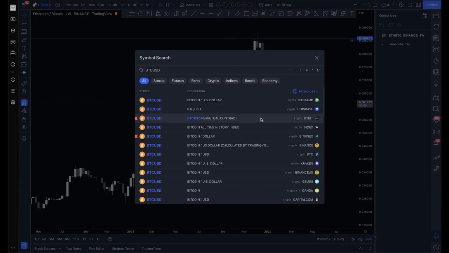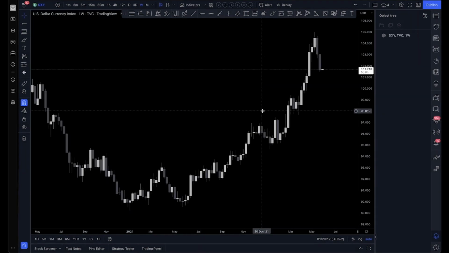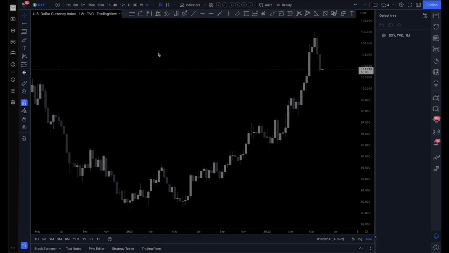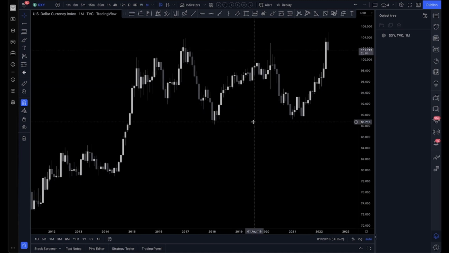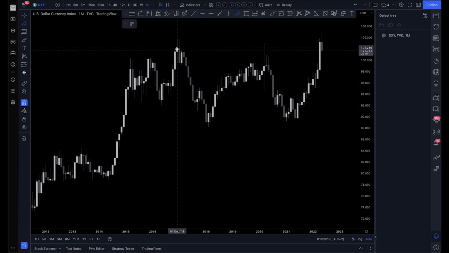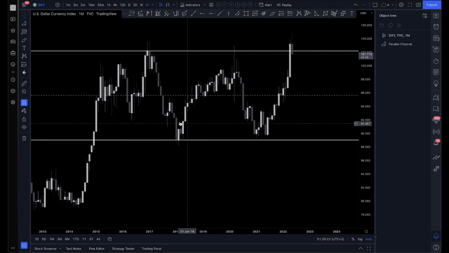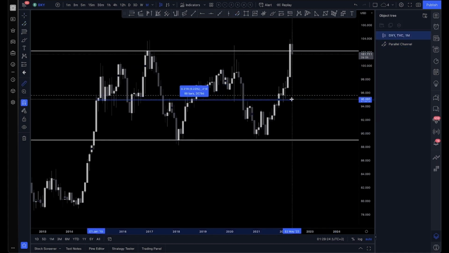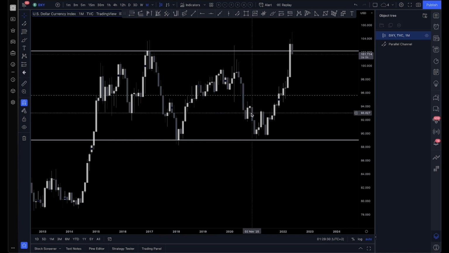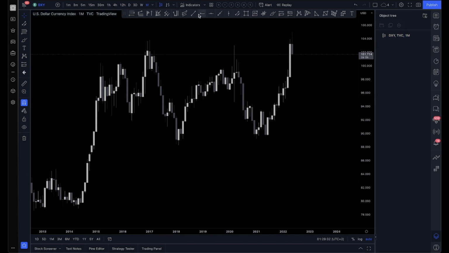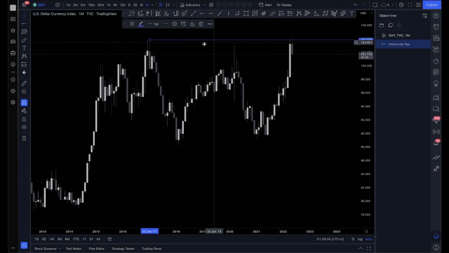Also, another example I can give you is on the DXY right now on the monthly. So you can see we have been in this range or channel for now almost 3000 days, and we SFP'd these highs.